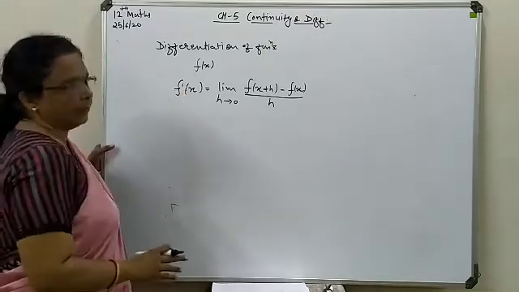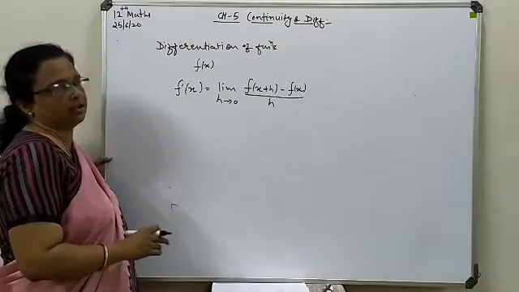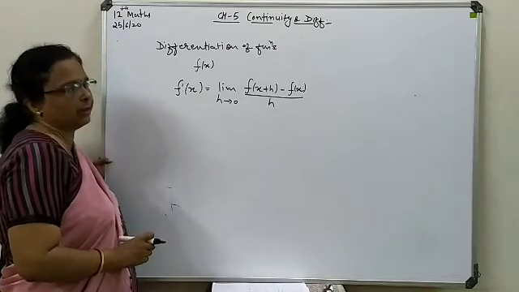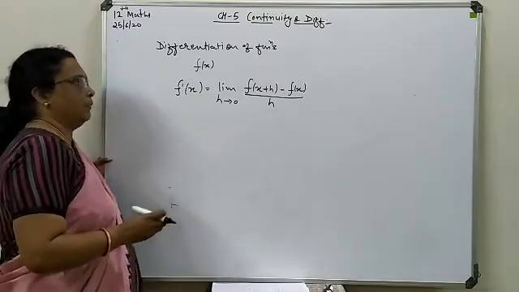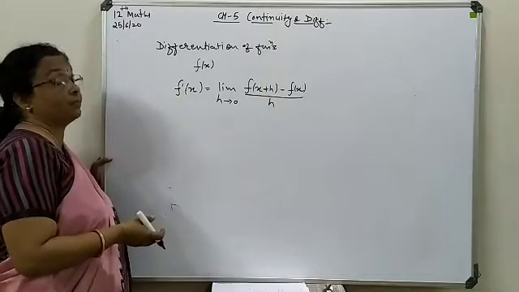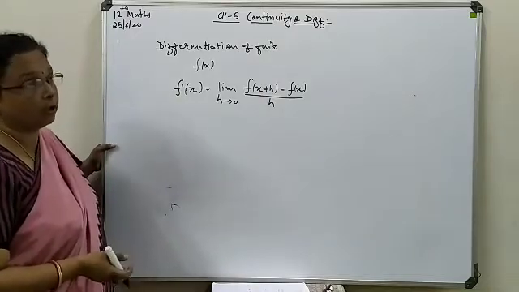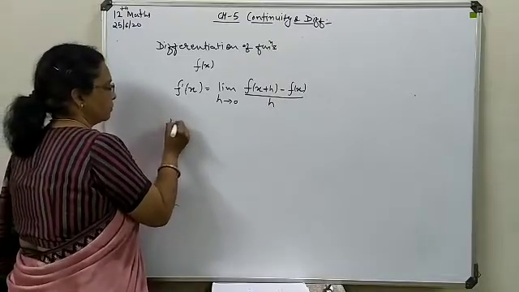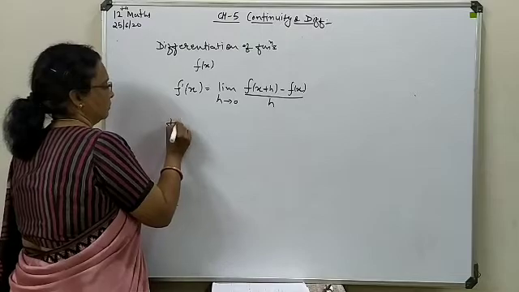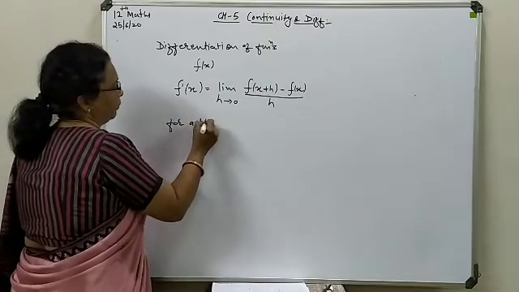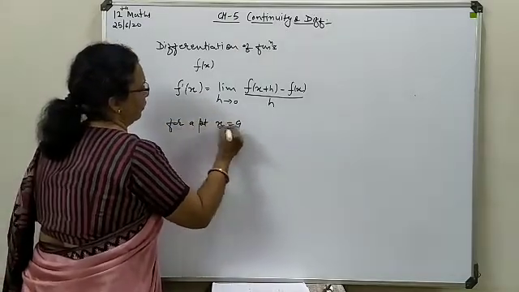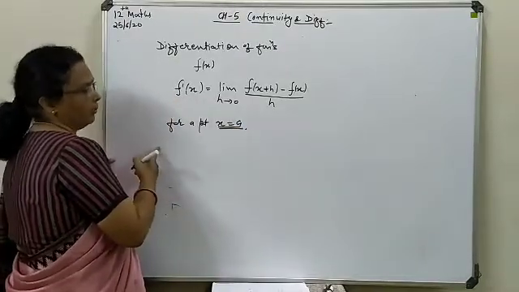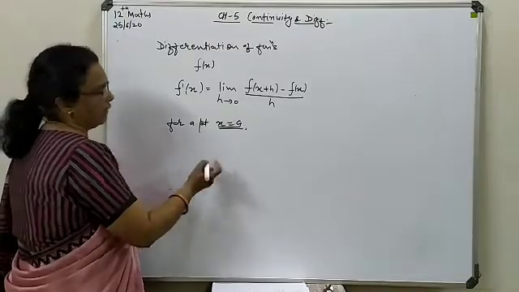Now if at any point you are going to check the differentiability of a function, in place of x you will write that particular point. If you are verifying whether the function is differentiable or not at a particular point, then for the existence of differentiability you will check the left limit solution and the right limit solution.